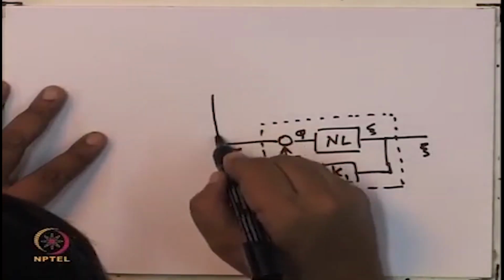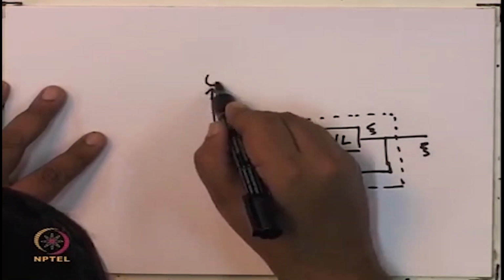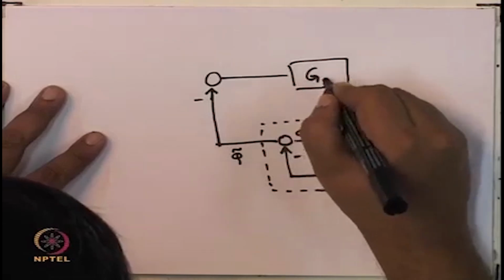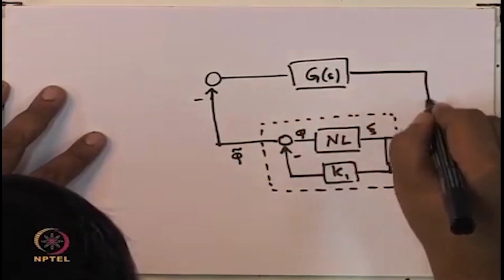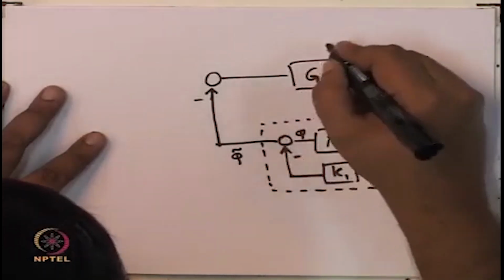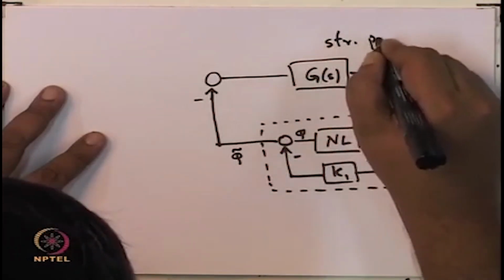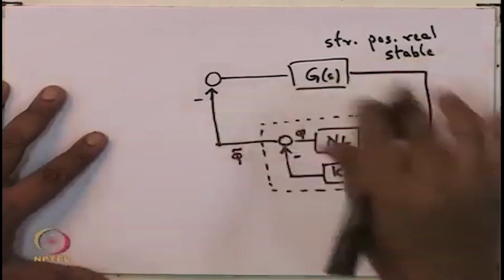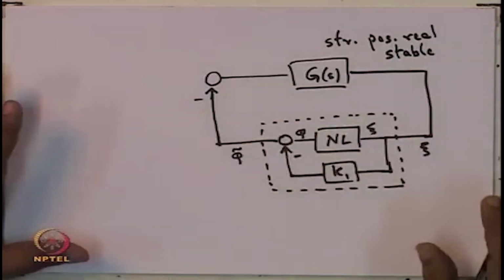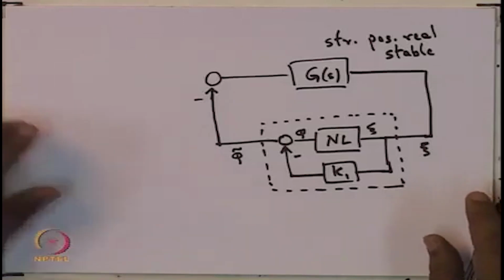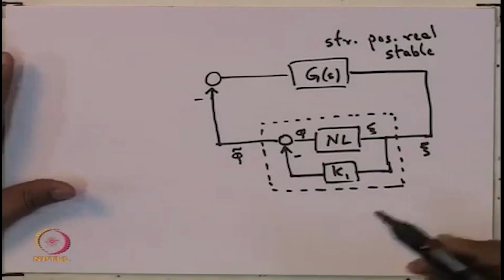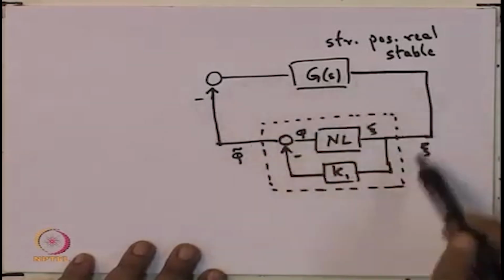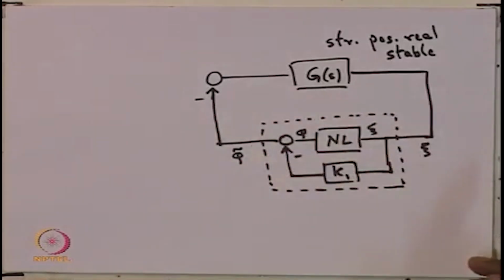And now, if this phi tilde is connected to some G s, where this G s is strictly positive real and stable, then using our earlier results, the positive real lemma and so on, we can conclude that this resulting closed loop system is asymptotically stable.